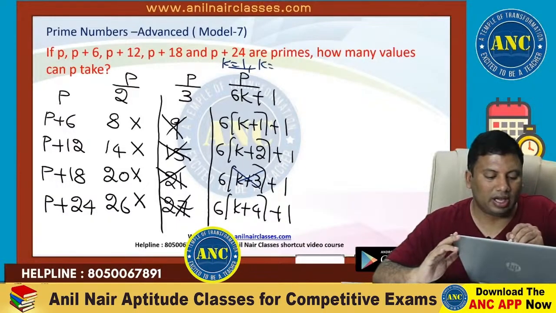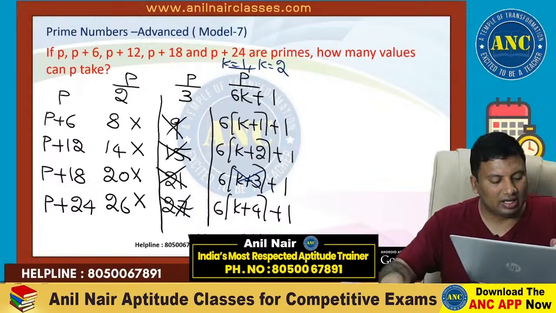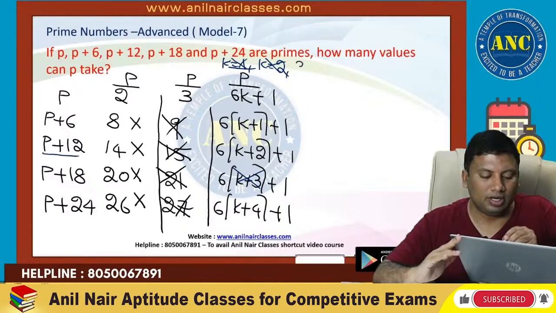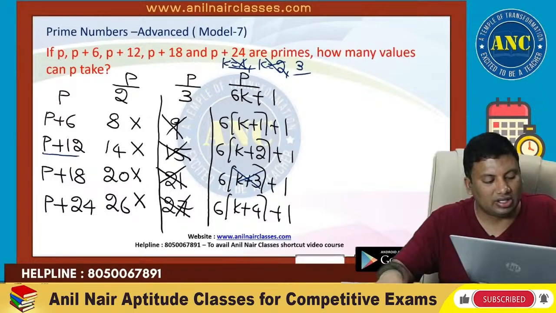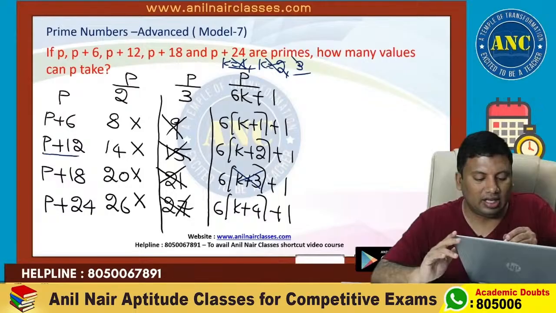If I put k equivalent to 2, 12 plus 1, 13. 13 plus 12, 25. This case is not possible. If I put k equivalent to 3, 6 into 3, 18. 18 plus 1, 19. 19 plus 6, 25. Not possible.